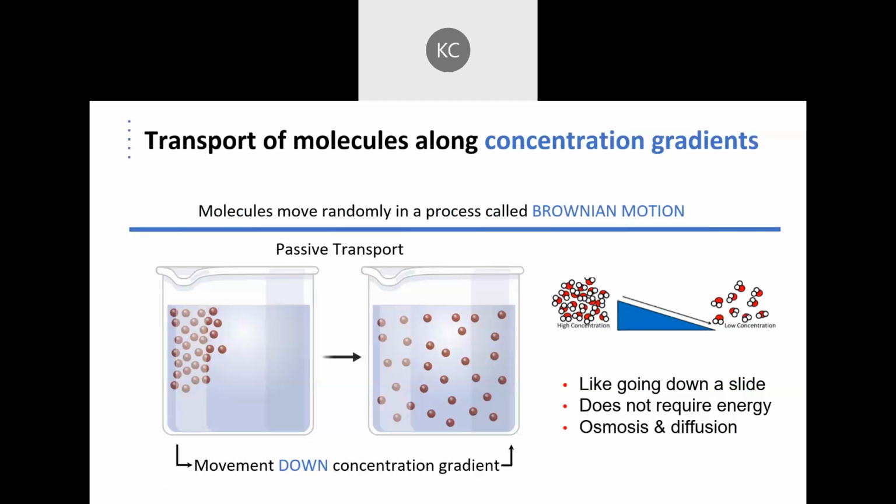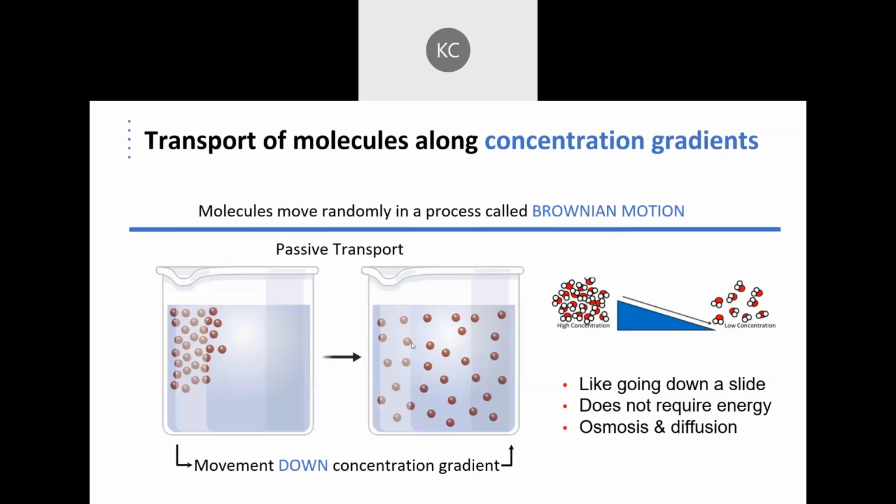Here you can see on the left, we have the left beaker. We have a group of ions or molecules that are highly concentrated in one area of the beaker within the water. Following the principles of Brownian motion, we're going to distribute those ions out from their highly concentrated area to a more evenly distributed area.